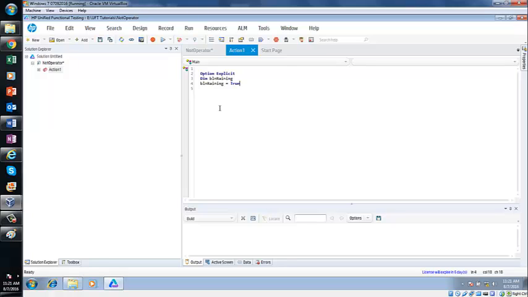What is the name of that variable? Boolean raining. Now if not Boolean raining, print true, or say, let's say, executing if block.